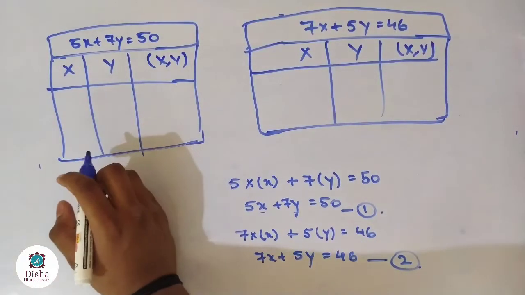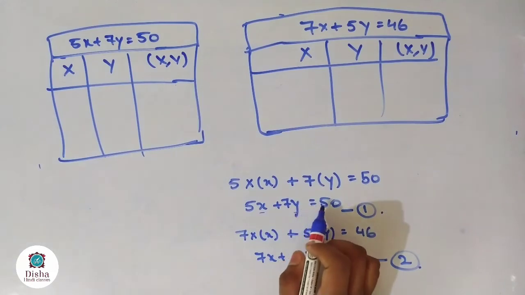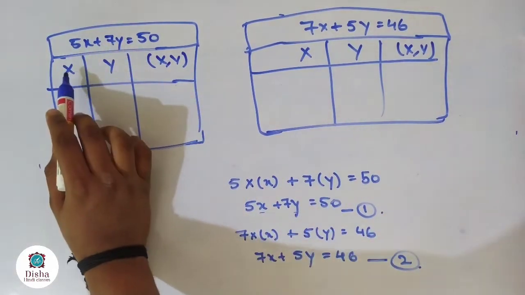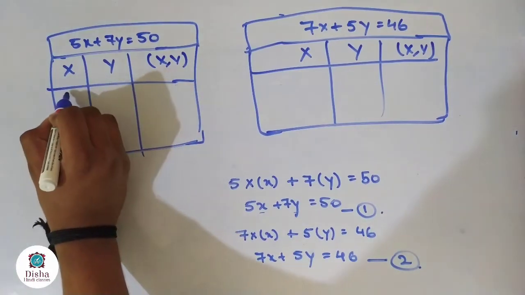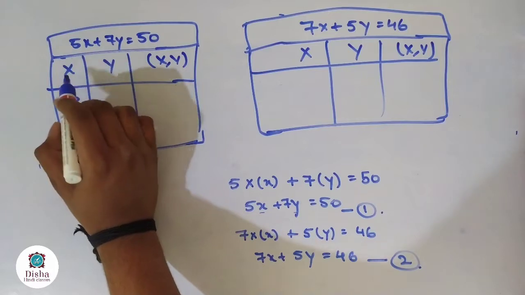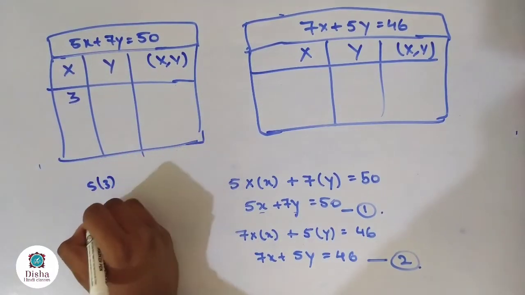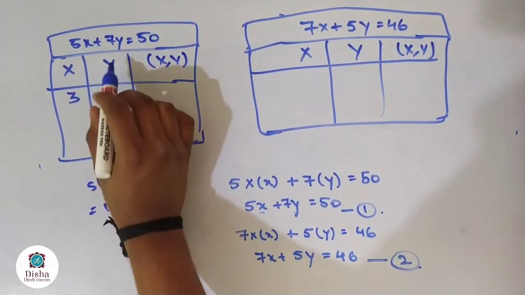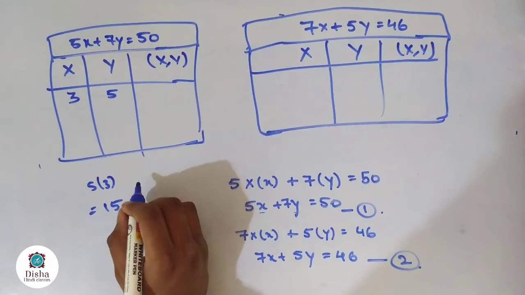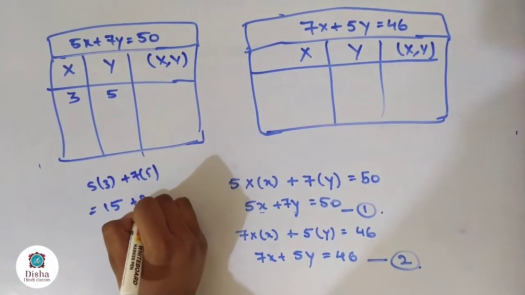So here we have drawn boxes to find the points. First equation, 5x plus 7y equals 50. In the place of x let us substitute 3. 5 into 3 will be 15, right? Next, in the place of y let us substitute 5. 7 into 5 will be 35.